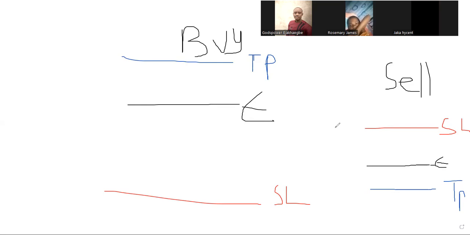In my advanced class, which will be coming up on Monday, I will teach people how to use indicators and multiple indicators to determine when to enter the market as a buy or as a sell. You don't just open your MetaTrader 4 or 5 and hop into the market. You have to go in with a strategy. Is that clear to you, sir?